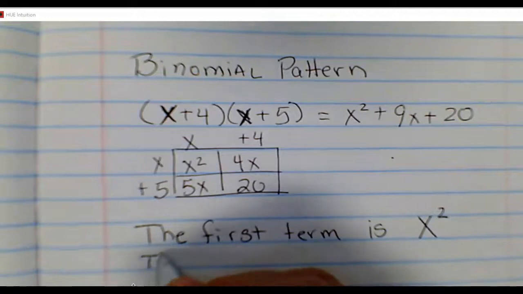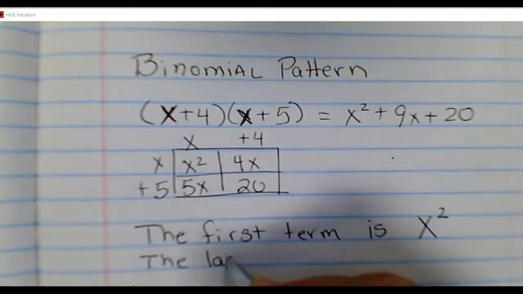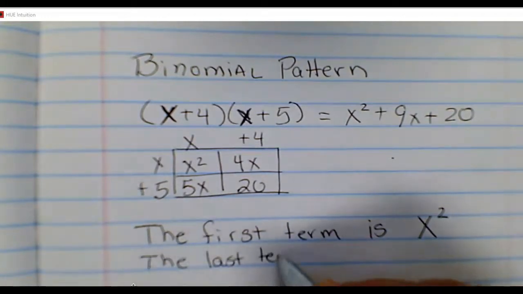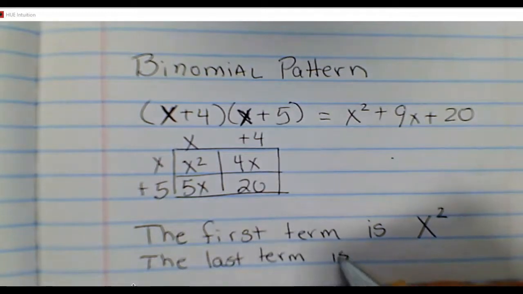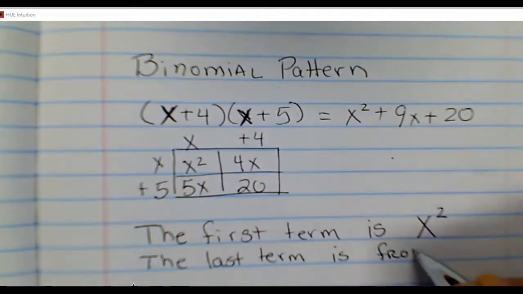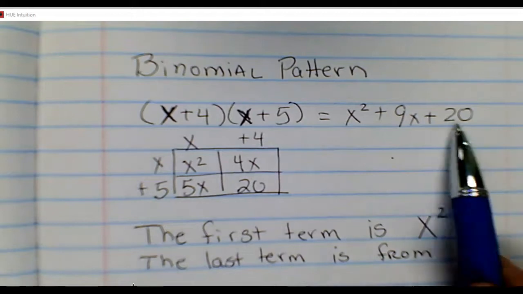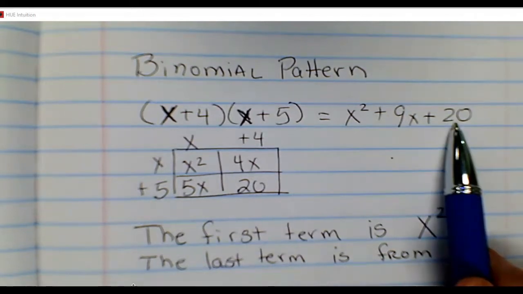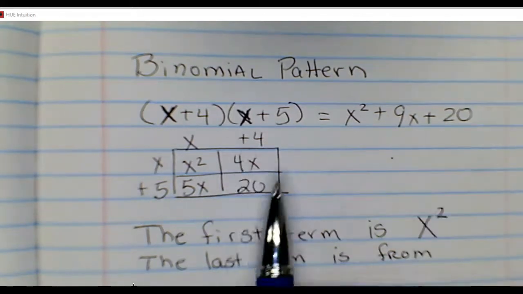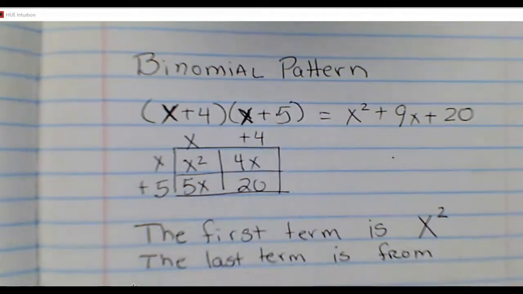What about the last term? How do you get the last term? This number right here, how did you get it? You multiplied the 4 and the 5. Look at the first 4 examples. How do you always get the last term?